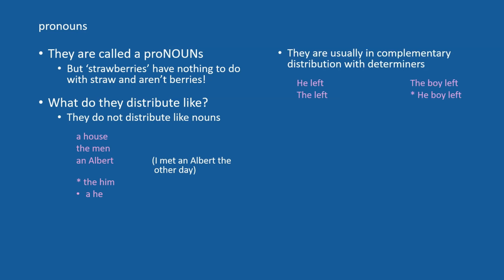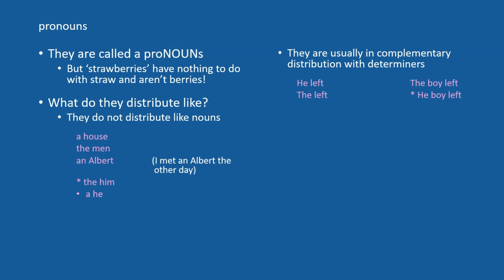Wherever you can have a pronoun, typically you can't have a determiner, and wherever you have a determiner, typically you can't have a pronoun. So you can say he left, but you can't say the left. You can say the boy left, but you can't say he boy left. So where you can have the determiner, you can't have the pronoun, and vice versa.